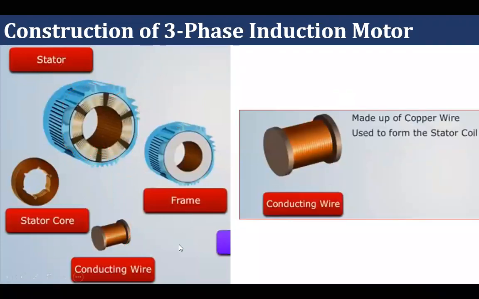This conducting wire is basically the copper wire used to form the stator coil. The coil placed at the slots of stator core is known as a stator coil, and we have to give three-phase supply to these coils.